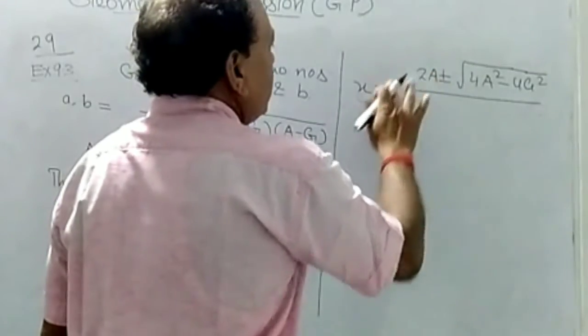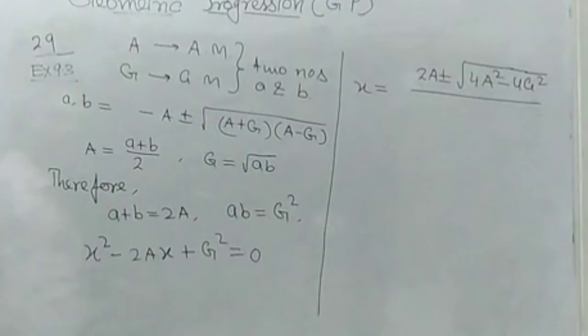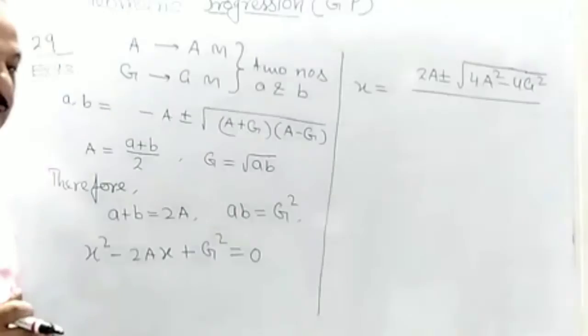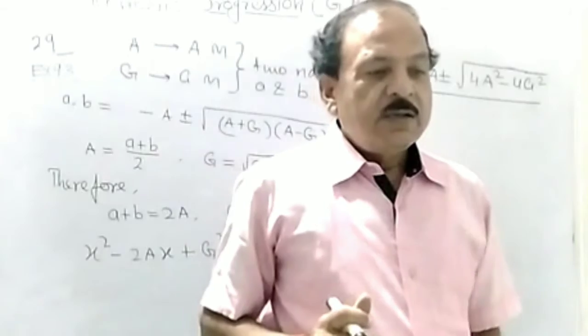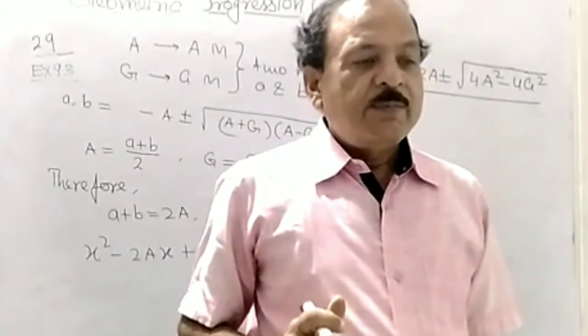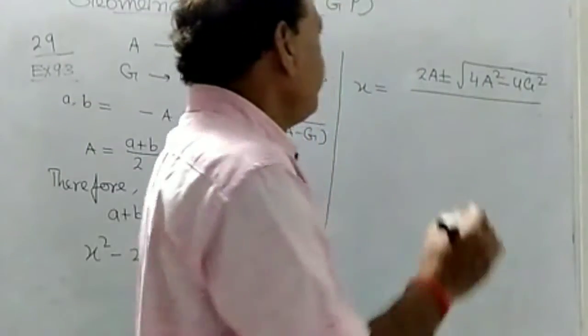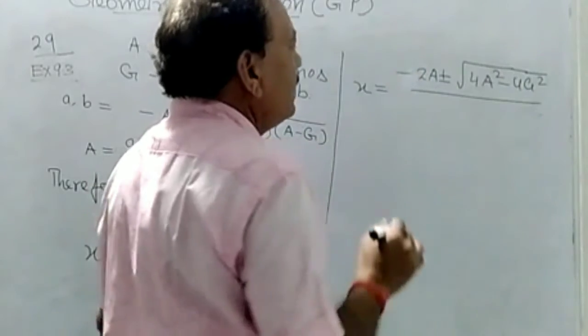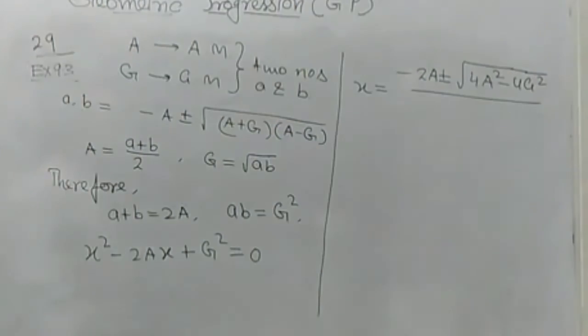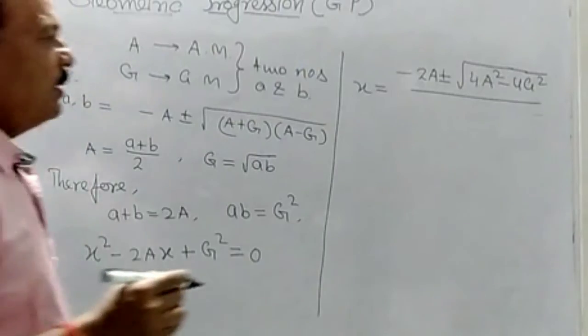Again, the quadratic equation is x square minus the sum of the roots plus the product of the roots. The formula is minus b plus or minus under root b square minus 4ac upon 2a.